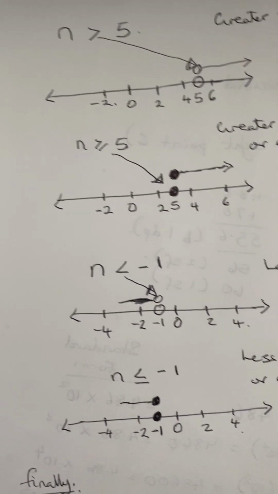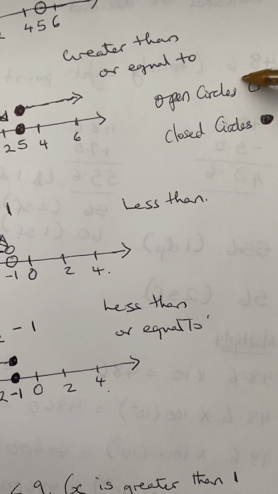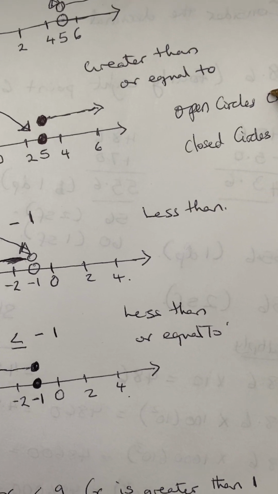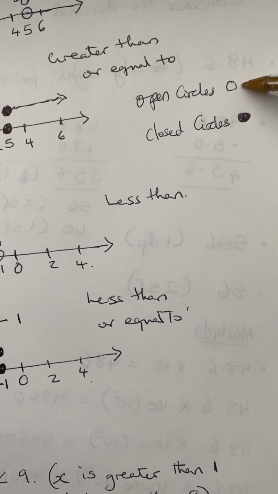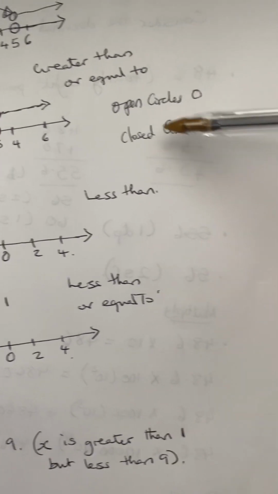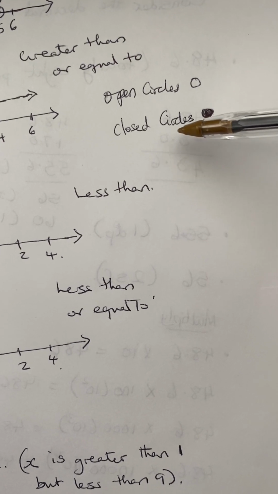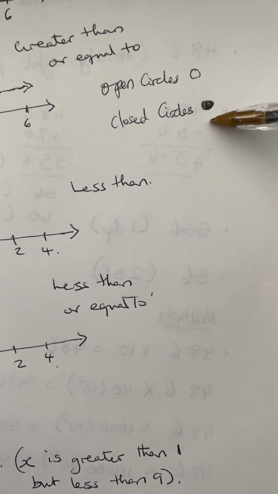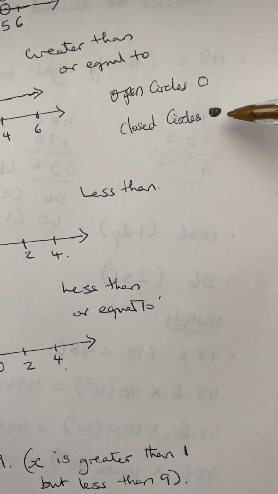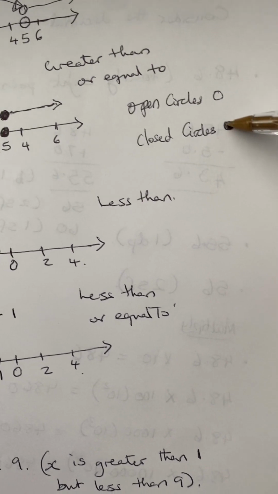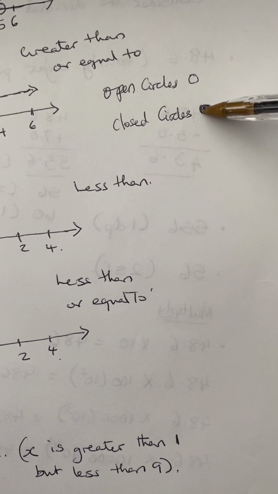If it's greater than or less than, we use an open circle like this. If it's greater than or equal to, or less than or equal to, we use this closed circle.